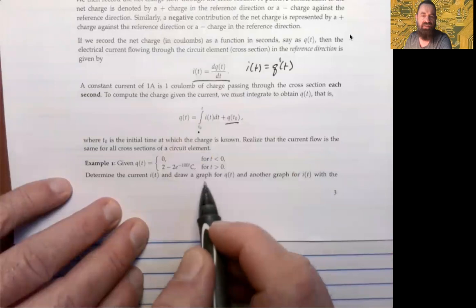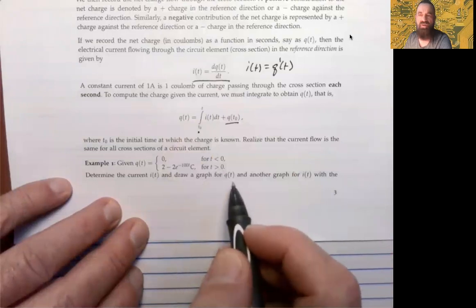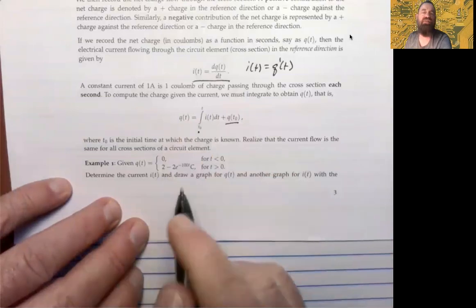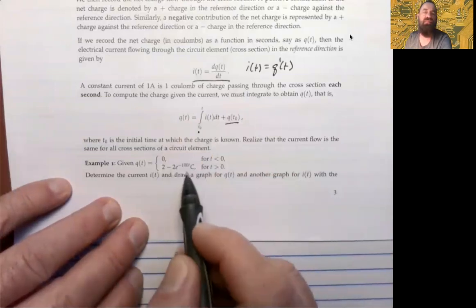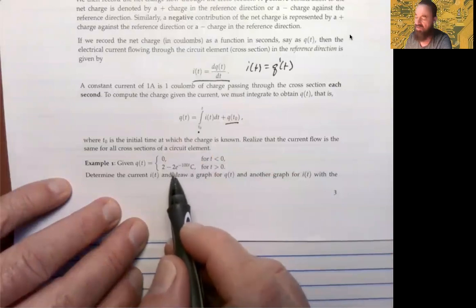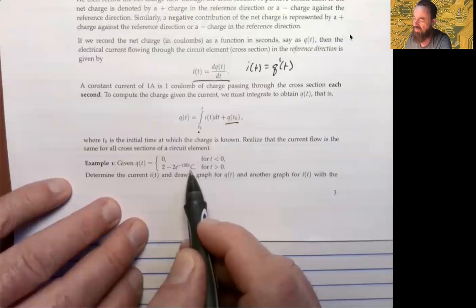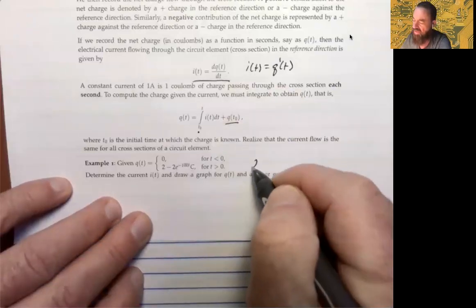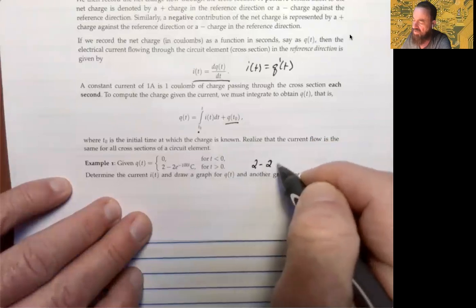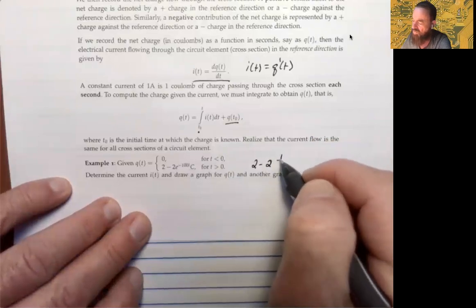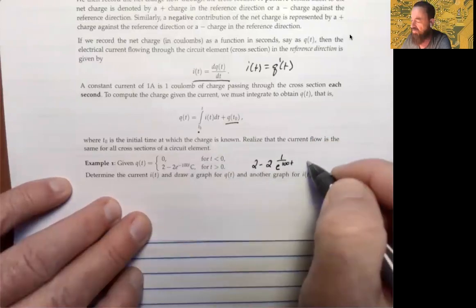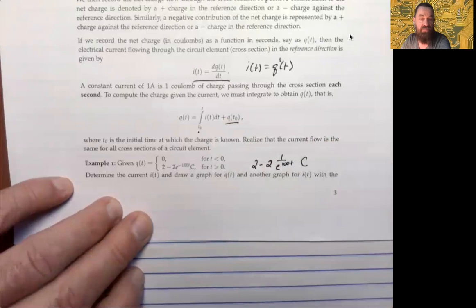And then, for t greater than 0, meaning instantaneously when there is charge, it will become an exponentially based function: 2 minus 2e^(-100t) coulombs. Another way to realize that is 2 minus 2 times 1 over e to the 100t. So keep in mind the meaning of the negative exponent here.